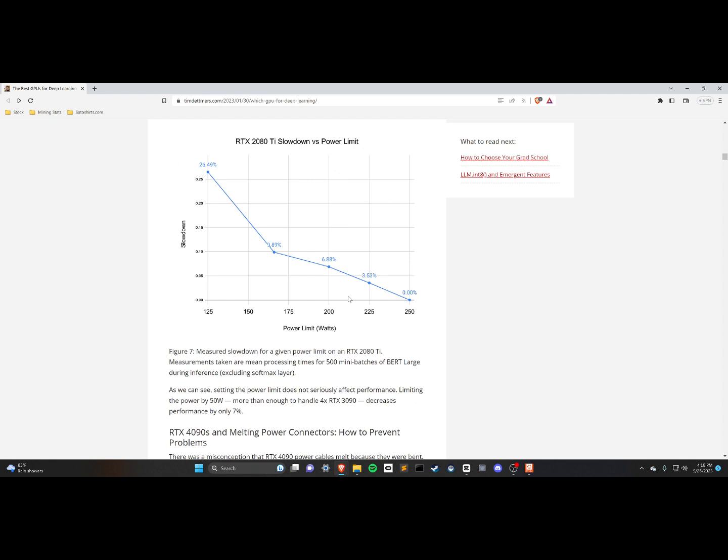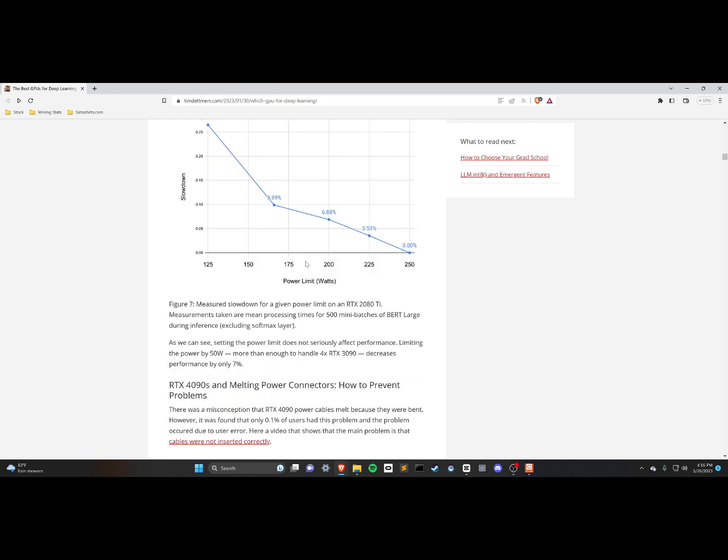So it may have been nice that he only lost the 26%, but if you actually cranked it up to three quarters of the power, you're only getting 10% more, and from there on it gets harder and harder. But we probably won't even run it this far. This is going to potentially cause an issue with your connectors. You kind of want to keep things a little bit under so it will always be a safe, continuous thing.